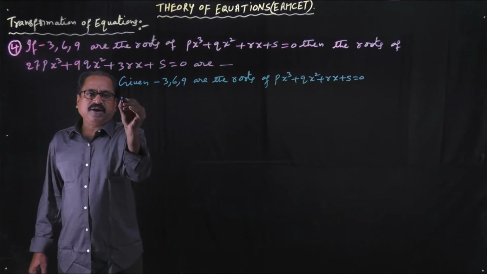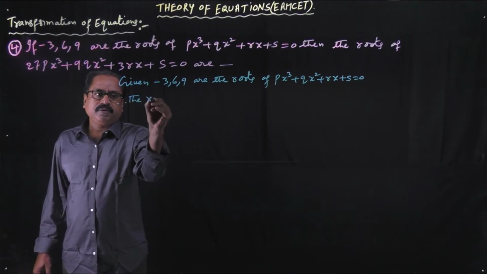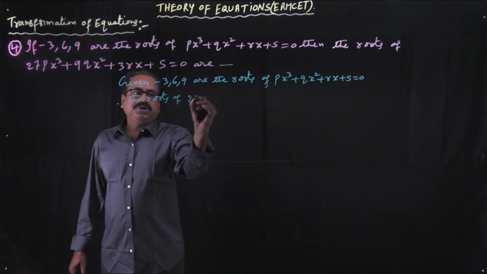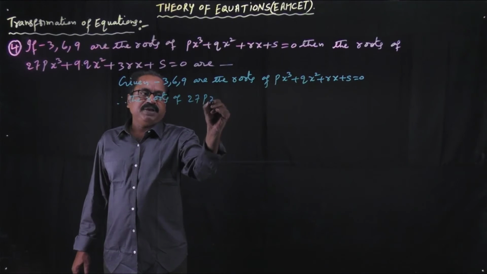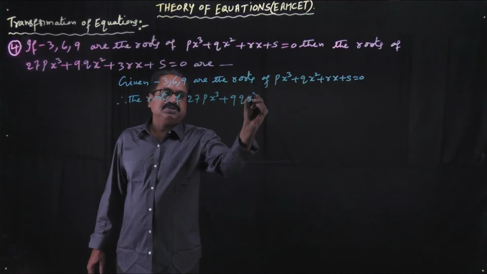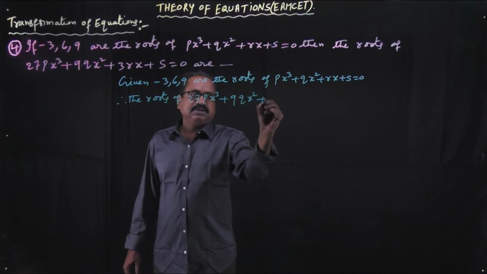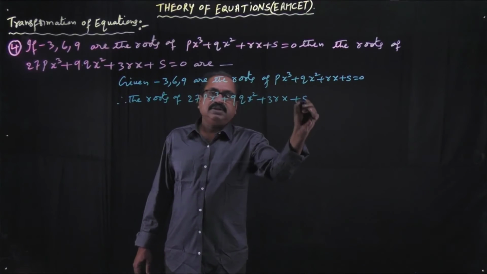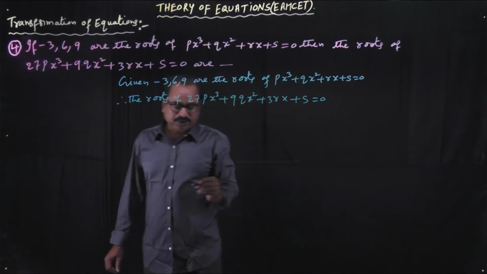Therefore, we need the roots of 27px cube plus 9qx square plus 3rx plus s is equal to 0.